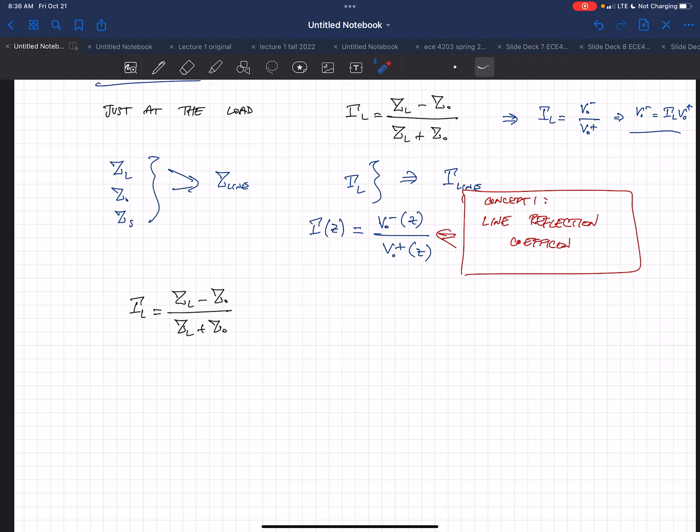For a lossless line, Z0 is purely real, but Z sub L at any point can be a complex number. We've never taken that off the table. In the problem I've given you, Z sub L has an inductor and a resistor, so it's a complex value.